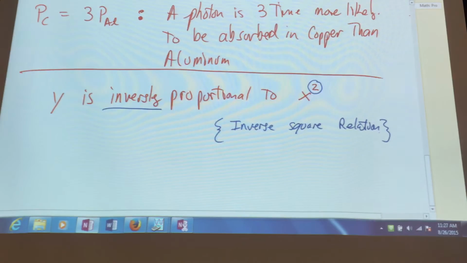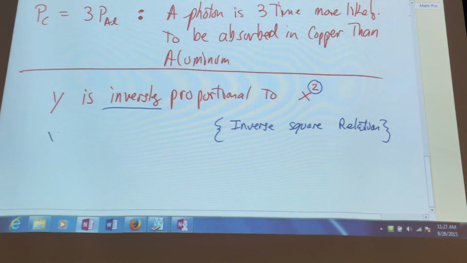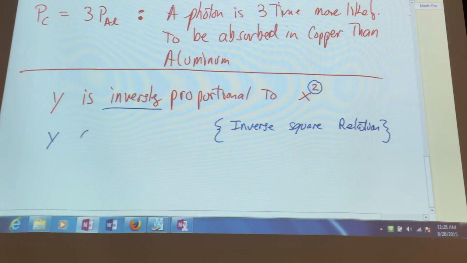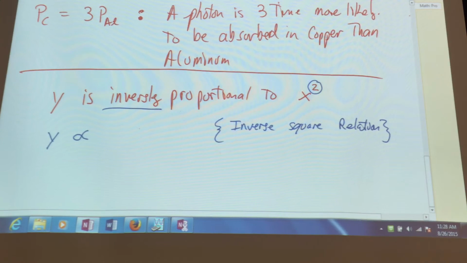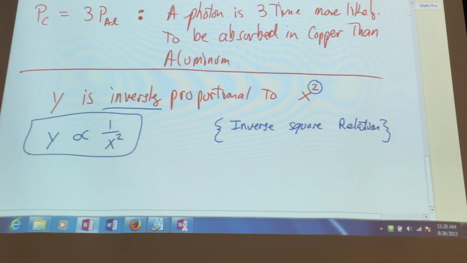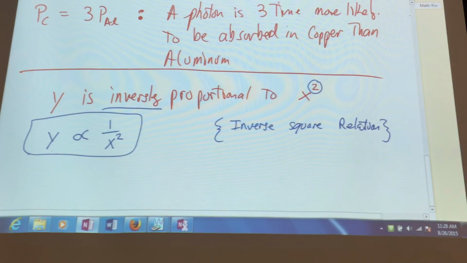And now we're going to try to put it into some symbols, the way we commonly express it. We would say y is proportional to, and you think you have some idea of what the next little expression is going to be? K over x squared. 1 over x squared. There you go. That's what it looks like in this set of symbols. Are we happy getting to that point? All right.